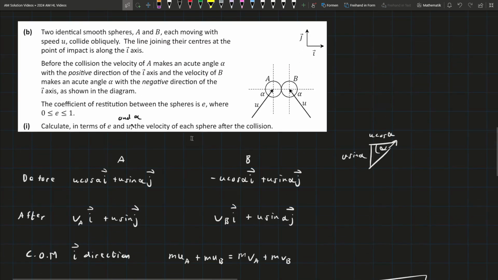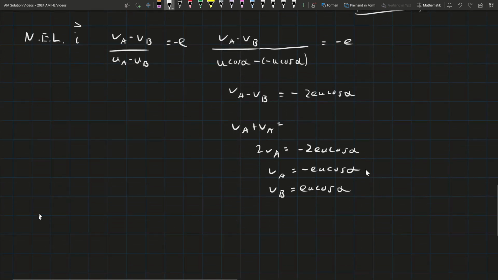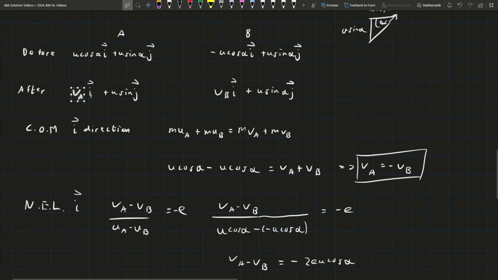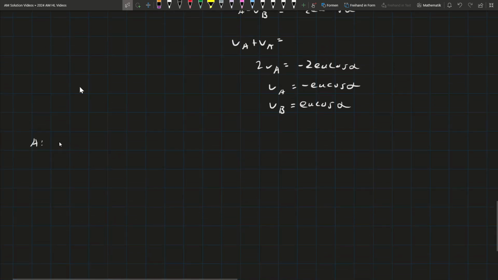Anyways, it says the velocity of each sphere. Velocity is a vector, so this isn't good enough. So for A, the final velocity will be, so we said the velocity after is VA i plus U sine alpha j. So we'll have VA i, so that's going to be minus eU cos alpha i, so the velocity vector for A will be equal to minus eU cos alpha i plus U sine alpha j.